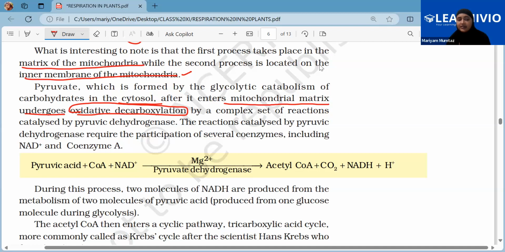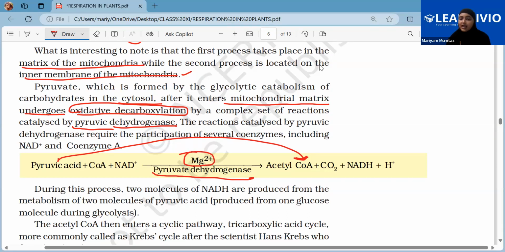Now, this again happens with the help of certain enzymes, and that enzyme is pyruvic dehydrogenase, meaning here the pyruvic acid gets converted into acetyl coenzyme A with the help of the enzyme pyruvic dehydrogenase, and it happens in the presence of magnesium dipositive ion.